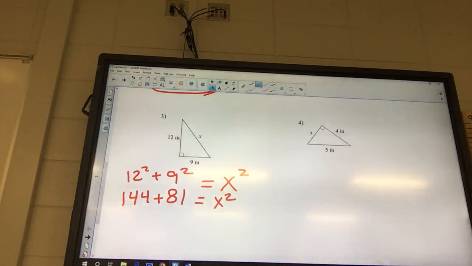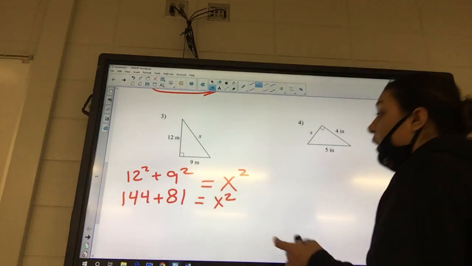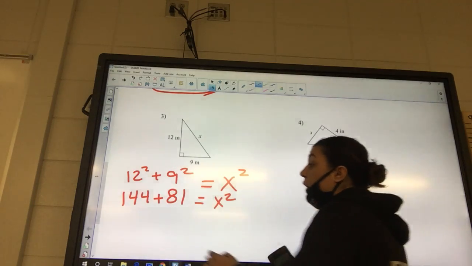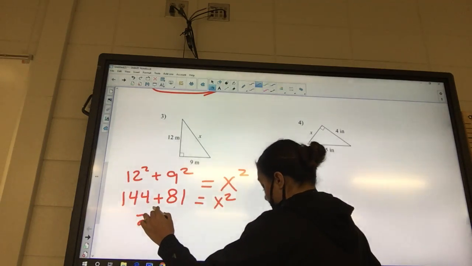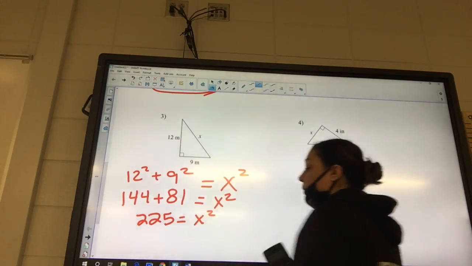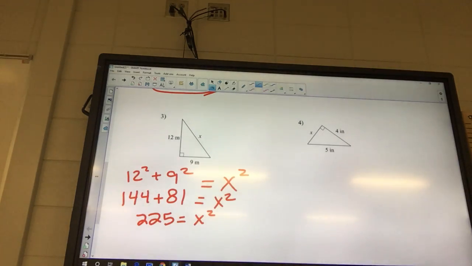What would our next step be to do? 144 plus 81 equals x squared. Minus 81? So we're not moving it, so we're just going to add the 144 plus 81 together. And that gives me 225 equals x squared. 225 equals x squared.